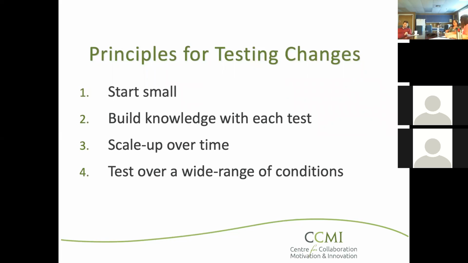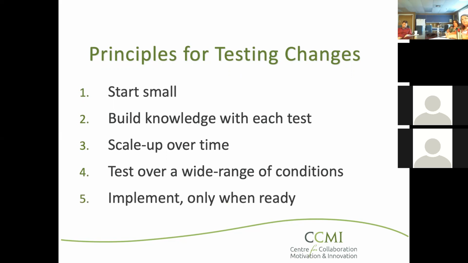And recall when we talked about ranges of conditions, it could be things like time of day or seasons, whether it's a weekend or a weekday. If it works internally with our staff, does it work across our organizational boundaries? Does it work with staff of different skills and experience levels? So that's how we test over a wide range of conditions.